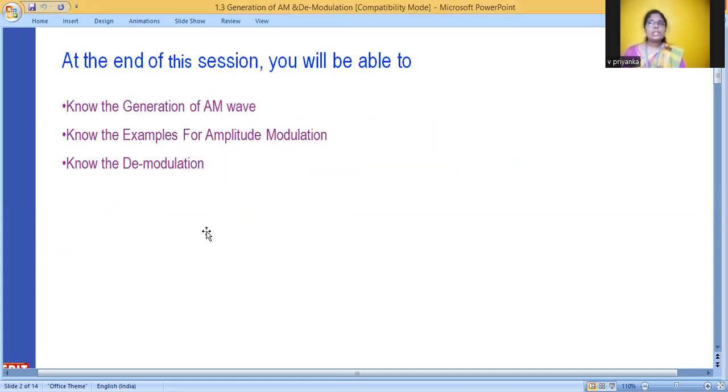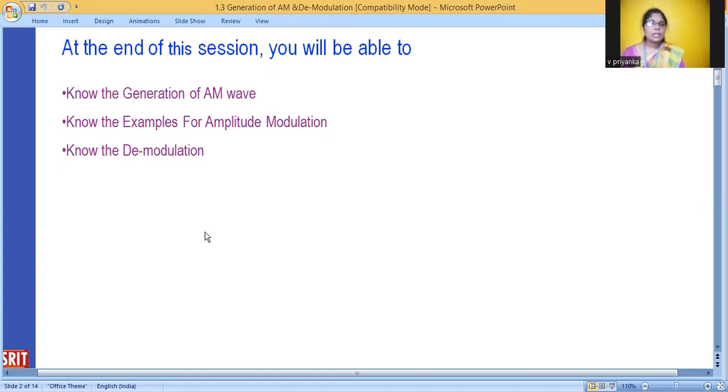At the end of this session, you will be able to know the generation of amplitude modulation waves, know the examples for amplitude modulation, and know the demodulation techniques.